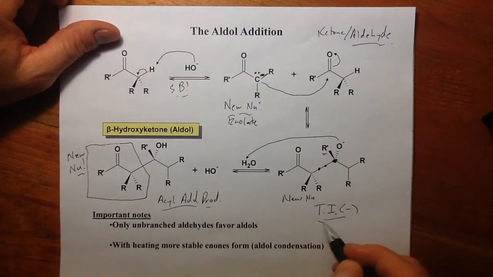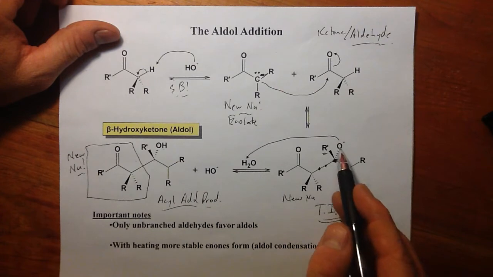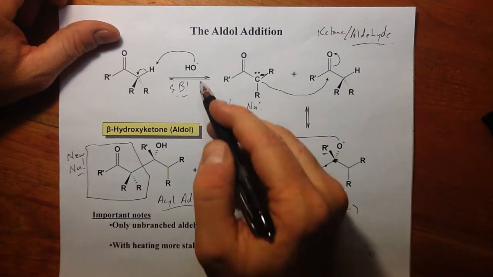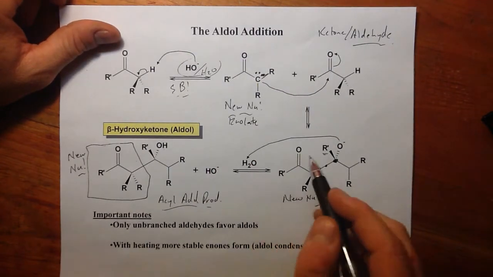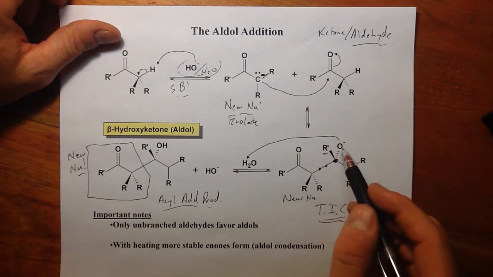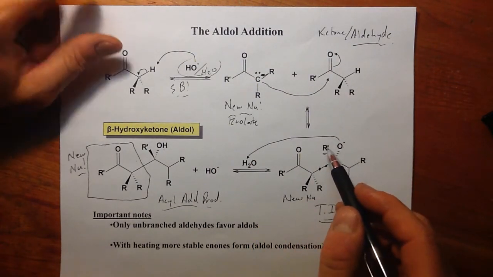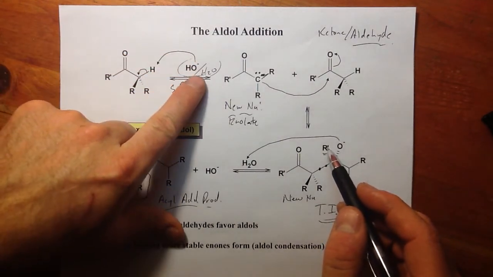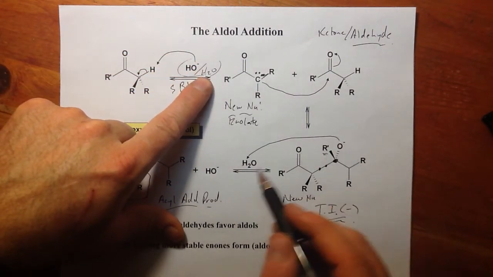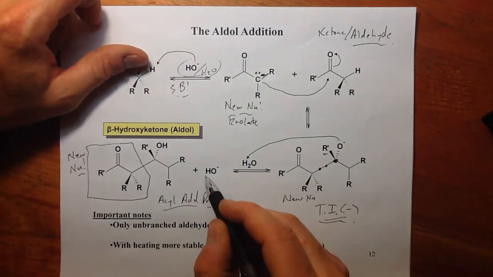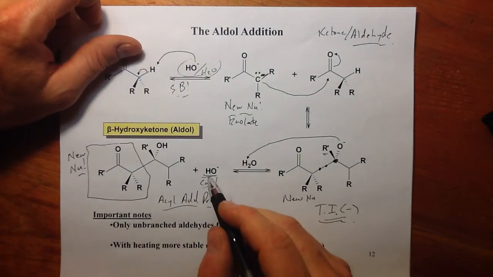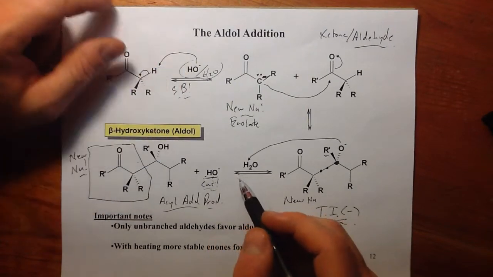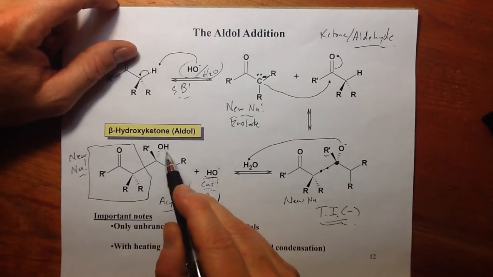This can now, with the completion of the reaction, attack a proton in water. So we need to have some sort of proton source. So we can attack a proton in the basic form of water. We can take a proton away, regenerate our catalytic base, and have our final product.